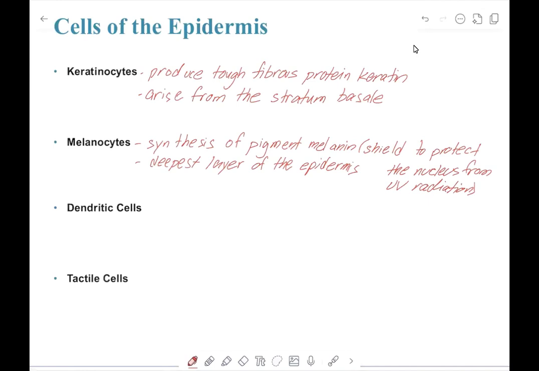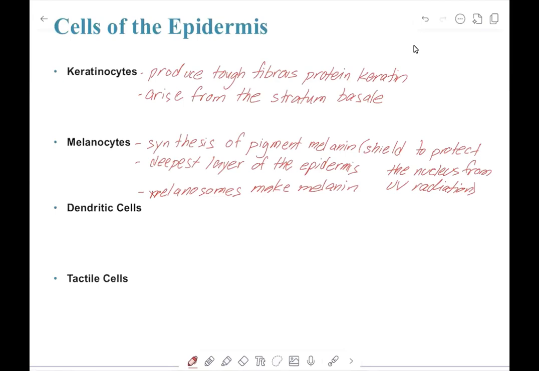The other important thing about the melanocyte is that within the melanocytes, there are what are called melanosomes, and the melanosomes make the melanin. So this would be one of those various vesicles that are found within the cell.